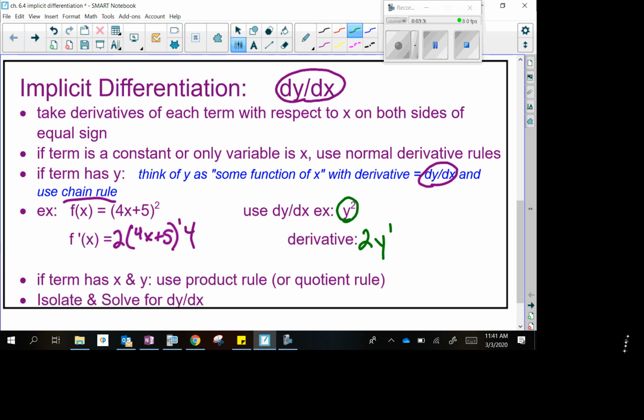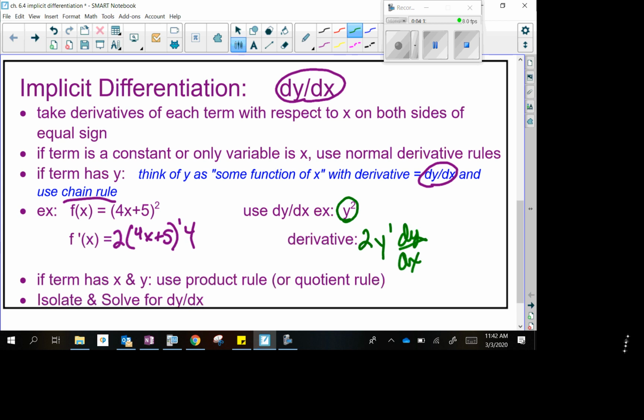But then to represent the derivative of the inside, the derivative of the y part, we just write dy/dx. So every time we take a derivative of y, because it represents some function of x, we use a version of the chain rule: we take the derivative of that y, and then to represent the derivative of the inside, we just plop in a dy/dx.